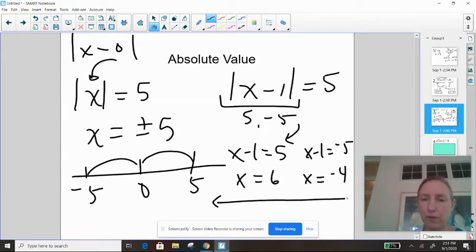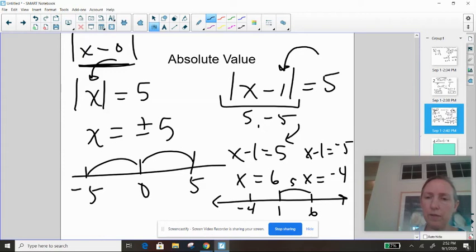And if you're more of a visual person and you like to see what that means in terms of distance, instead of the 0 from this equation, it's now how far apart are x and 1. So I'm going to put my 1 here. 6 is 5 spots away from 1, and -4 is 5 spots away from 1.